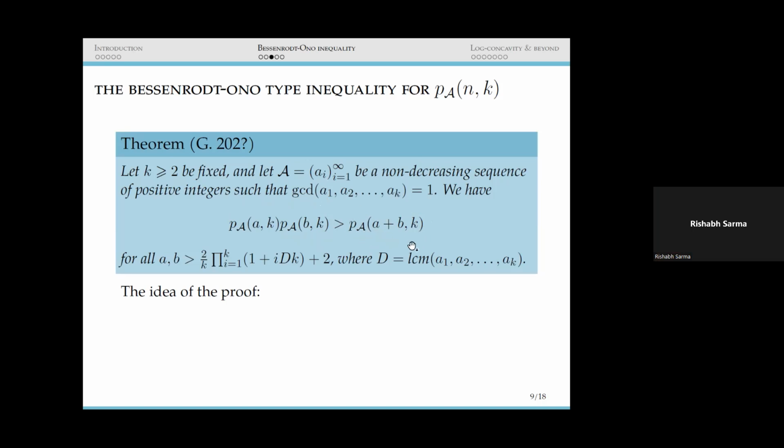So that's a problem. We cannot find such a number, because there are infinitely many values for which the restricted partition function equals 0. So we cannot omit this assumption, either in the Bessenrodt-Ono type inequality or in the log concavity problem.